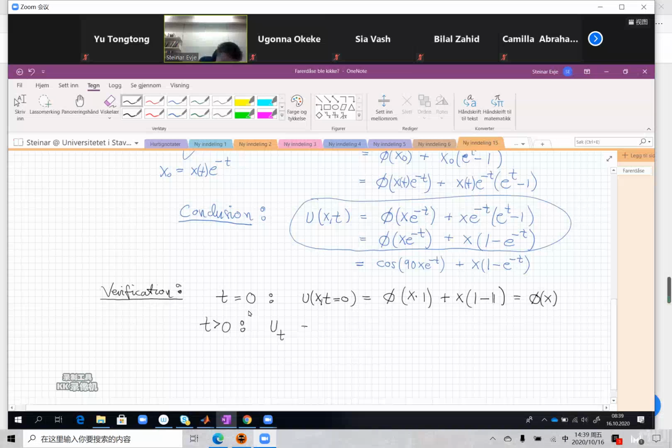Then we first have to take the derivative of the first term. That will give us the time derivative of phi plus, and then we have to take the time derivative of the second term.